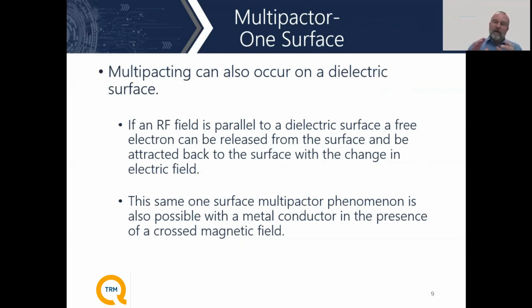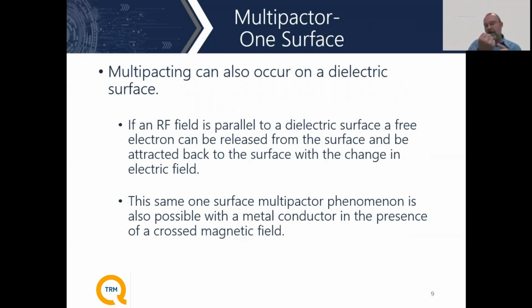And the electric field causes that free electron to jump up into space. As that electron jumps up into space, it has just enough energy to get it launching. And just as it's losing energy going away, the field reverses and pulls that electron back down to that surface.